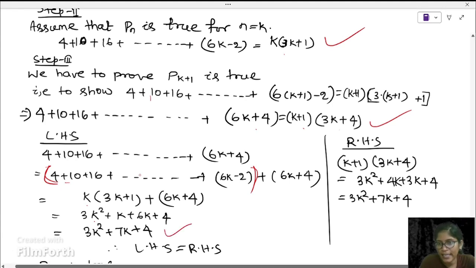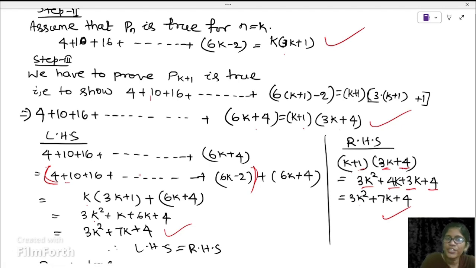At right hand side, 3k square, k into 3k, 3k square plus 1 into 4, 4 plus 1 into 3k, 3k plus k into 4, 4k, which equal to 3k square plus 7k plus 4. Okay, listen.